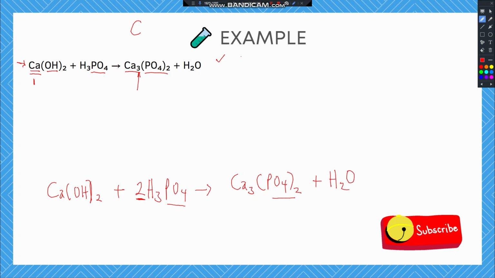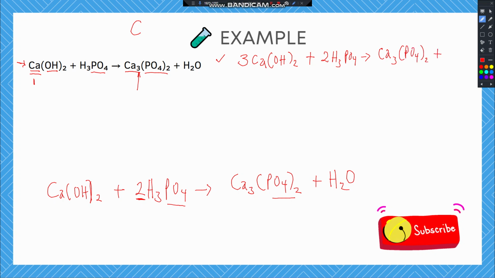So the equation now becomes 3Ca(OH)2 plus 2H3PO4 yielding Ca3(PO4)2 plus H2O. So we have balanced the phosphate ion and we have also balanced the calcium atoms as well.